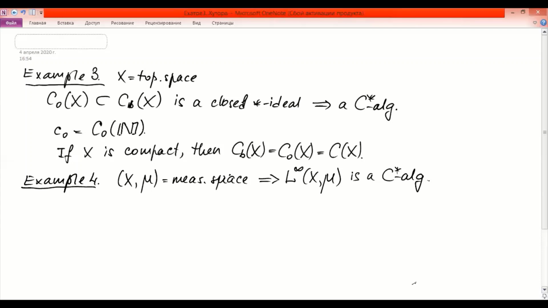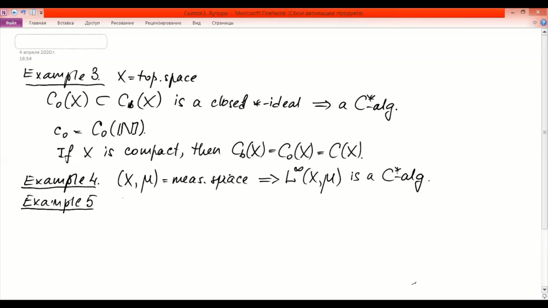Okay, so far, all our examples are commutative. The basic non-commutative example, example 5, which serves as one of the main motivations to study C-star algebras, is the algebra of bounded operators on a Hilbert space.